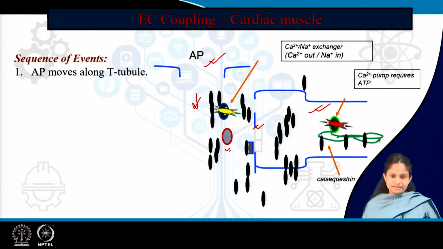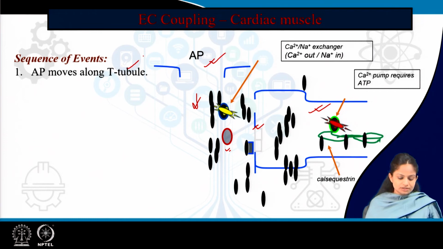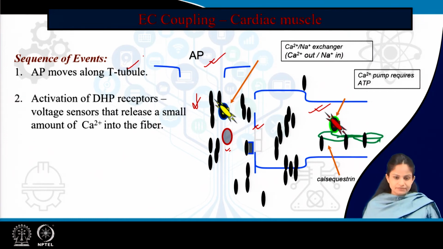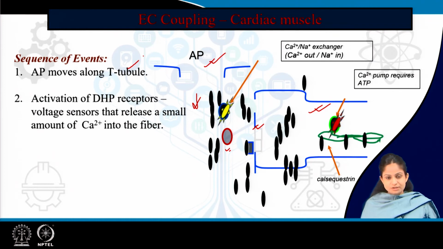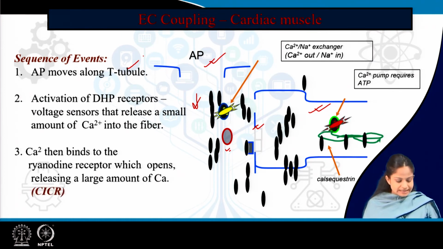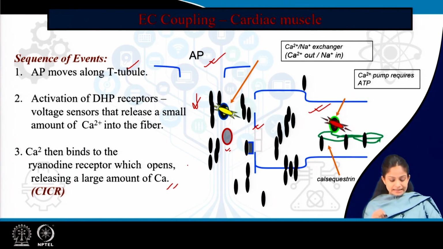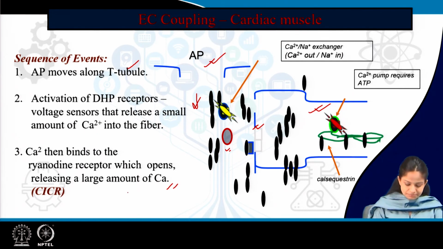So, the sequence of events is: the action potential moves along the T tubule, then we have activation of the dihydropyridine receptors or the L type of calcium channels, which are nothing but the voltage sensors that sense the electropositivity. Calcium then binds with the ryanodine receptors, which open and release a large amount of calcium, and this large amount of calcium is what we call a calcium spark.